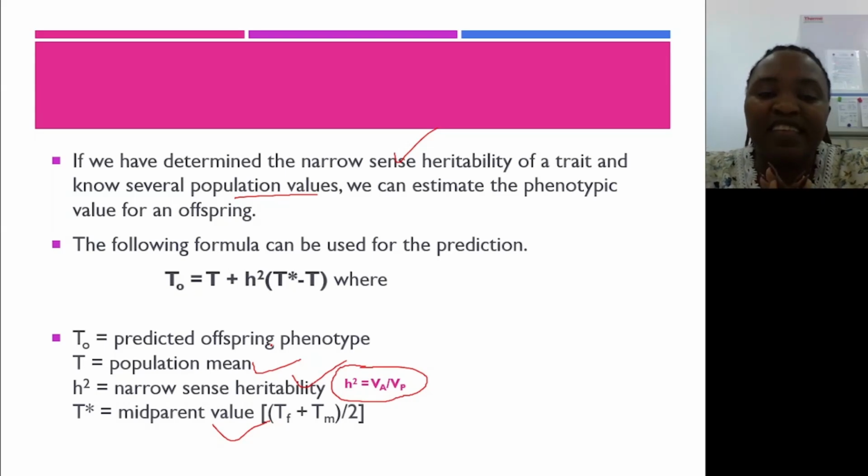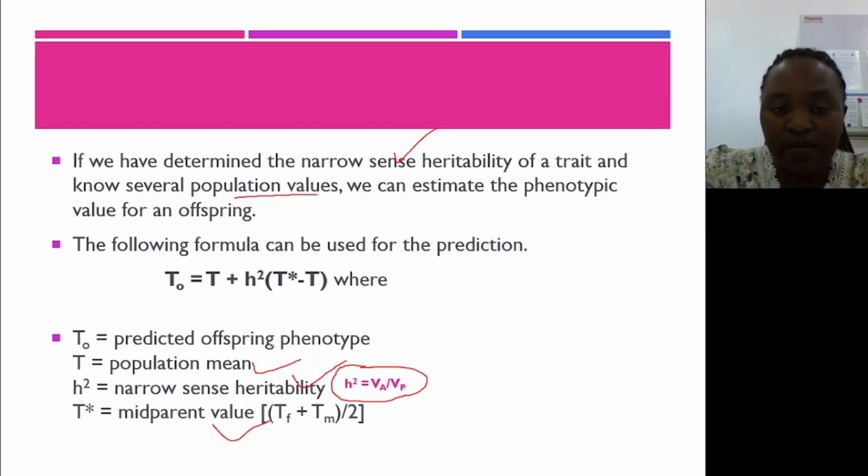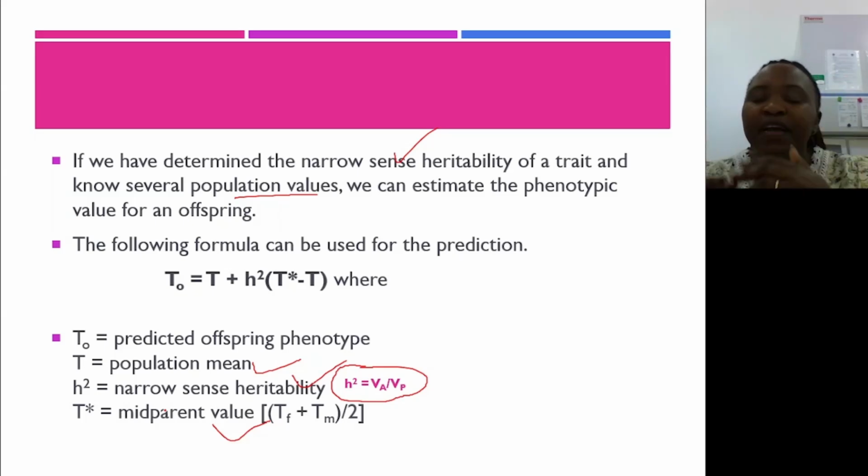In this case, we do not know the phenotype of the offspring. In short, we have parents. That's why we have a mid-parent value. We have the parents, and we would want to know what phenotypic characteristics our offspring would have.